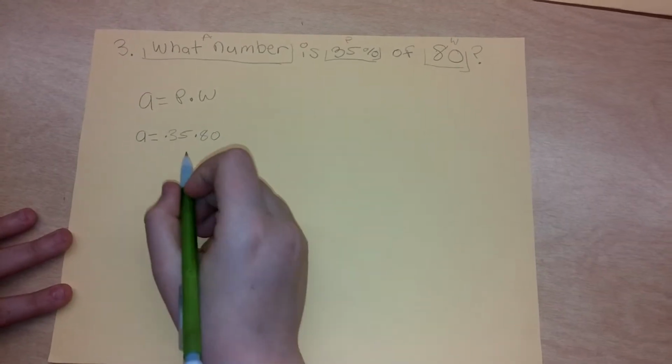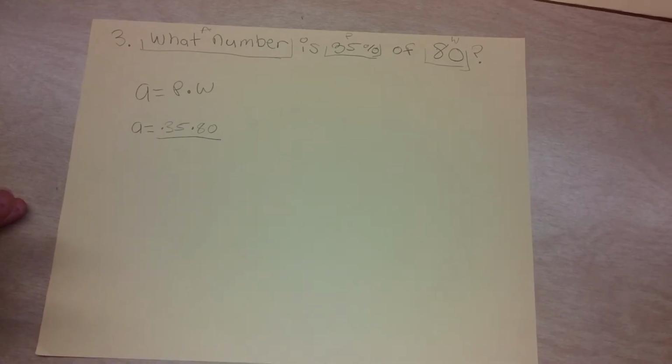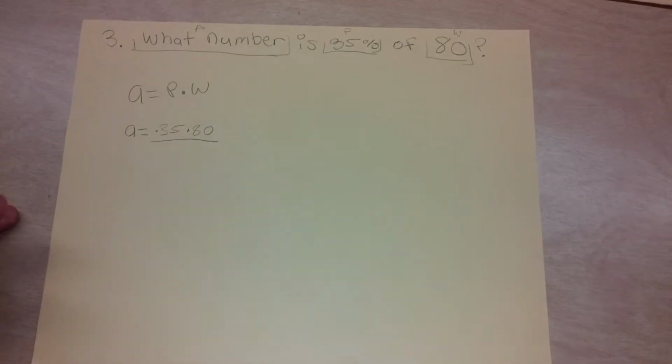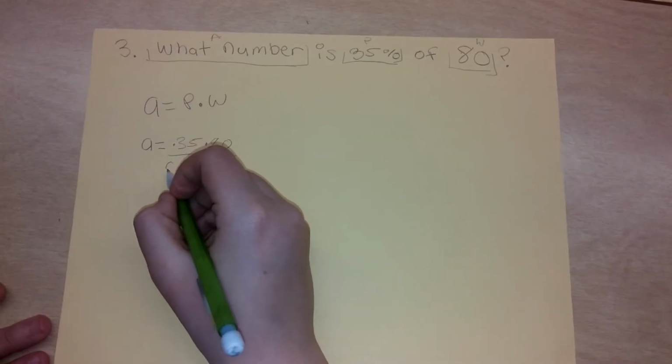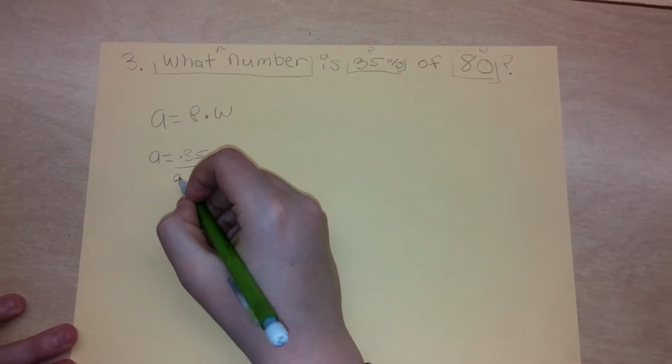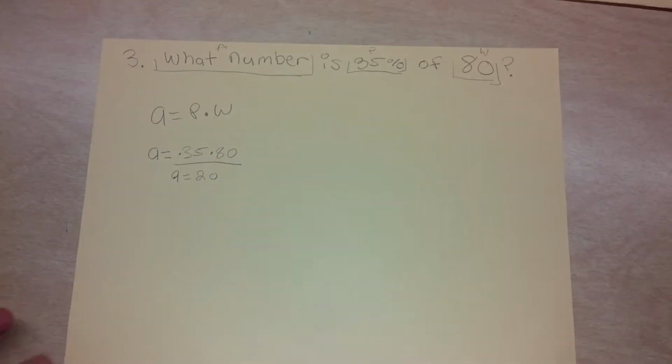Then you would do 0.35 times 80. Do that in your calculators, and you would get 20, and that's what A is.